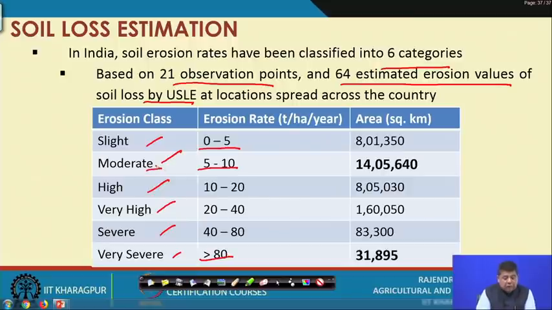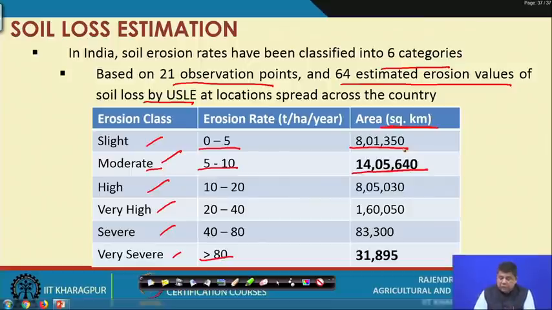So, moderate erosion, which is basically allowed, there are 14 lakh 5,640 square kilometers of area that fall under the moderate erosion class, wherein 8 lakh 1,350 hectares fall under slight erosion.